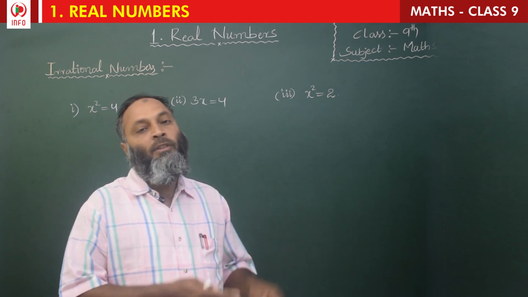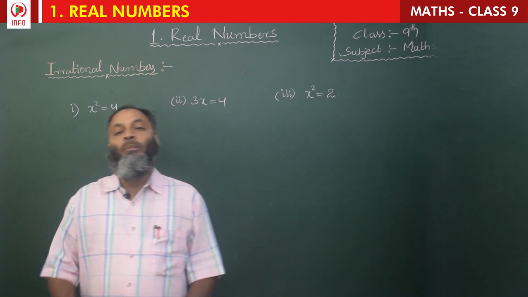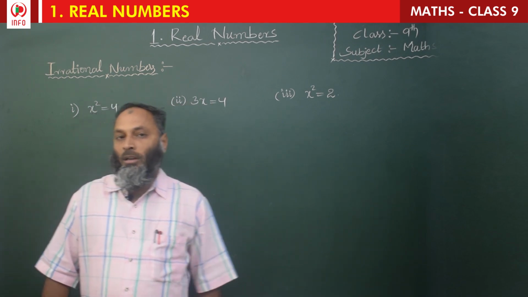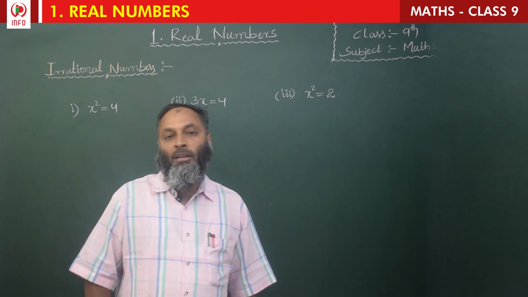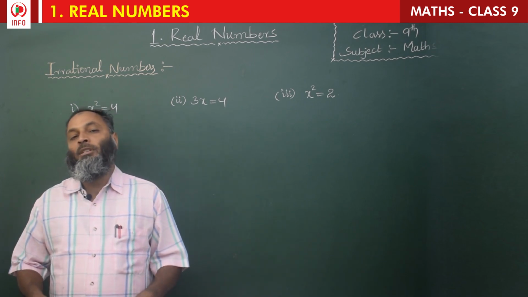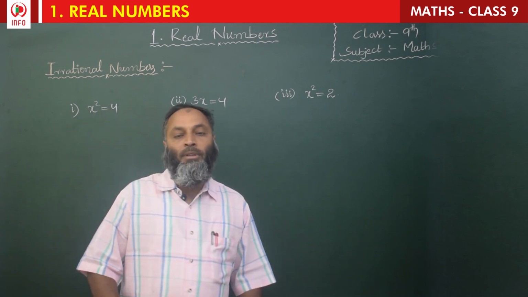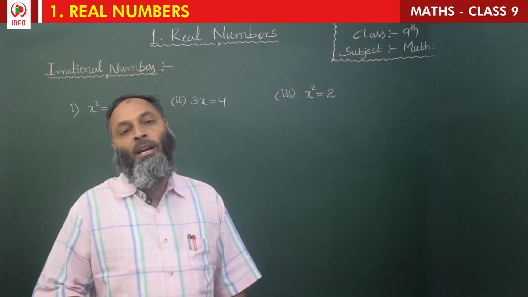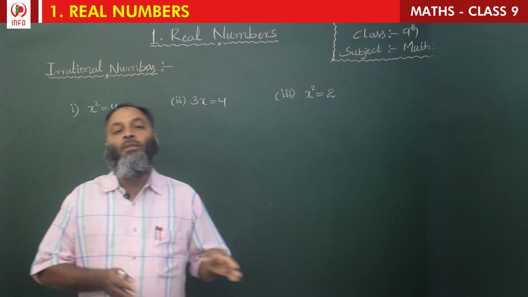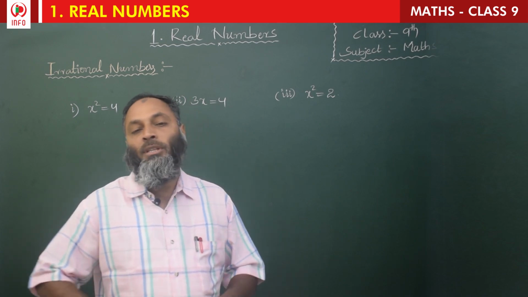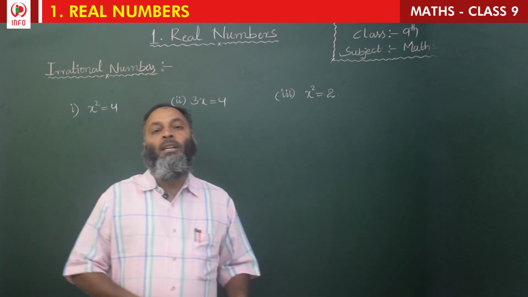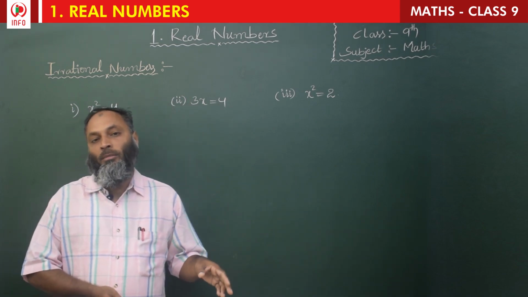We also discussed how to represent rational numbers on a number line, how to find rational numbers between two given numbers, and how to convert rational numbers into decimal form, either terminating or non-terminating decimal.